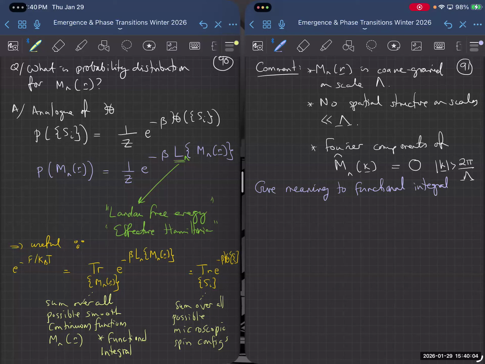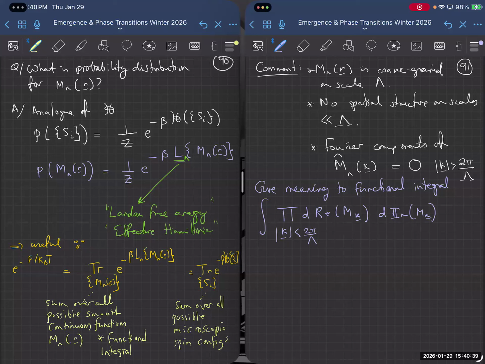by saying that it's the following. We take the Fourier transform of these components, so I get a complex number, the real part and the imaginary part. Then I take the product over all values of k which are less than 2 pi over lambda, those are the long distance parts, and then I integrate over that. That defines a functional integral.